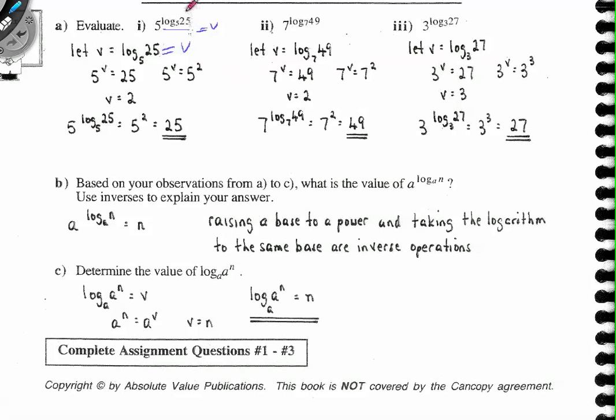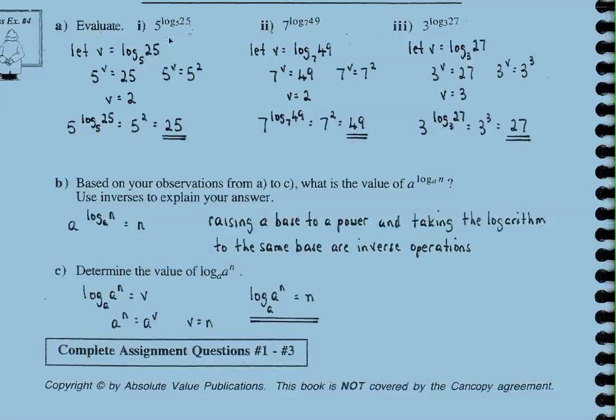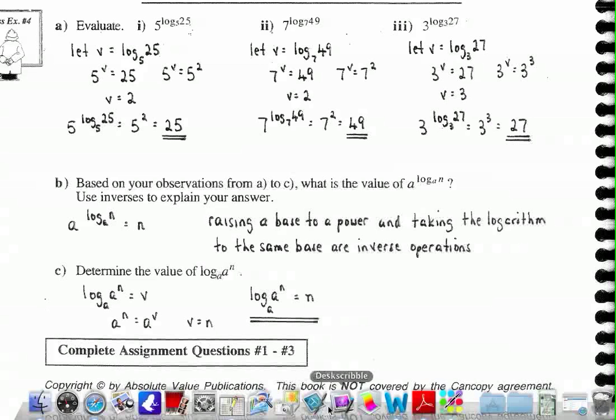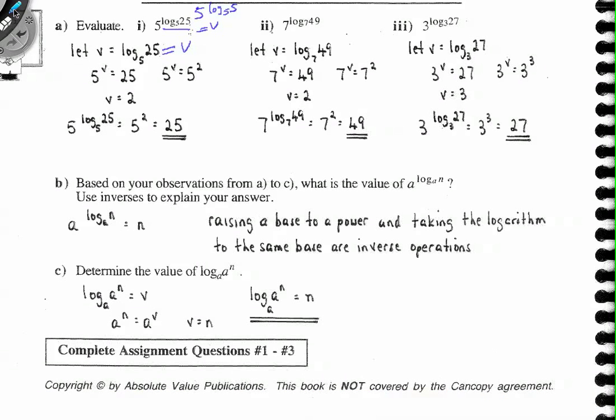Another way to look at this is that this is really equal to 5 to the log base 5 of 5 to the 2. Oops, seem to have cleared that. Okay, let's write it down here. Just bear with me a minute.